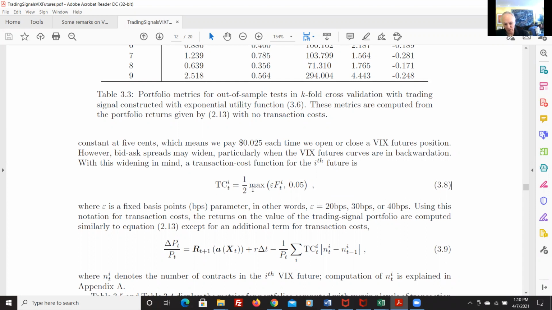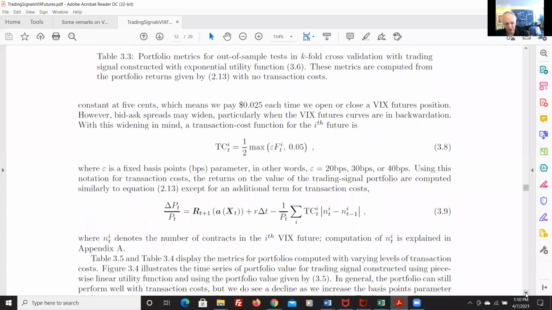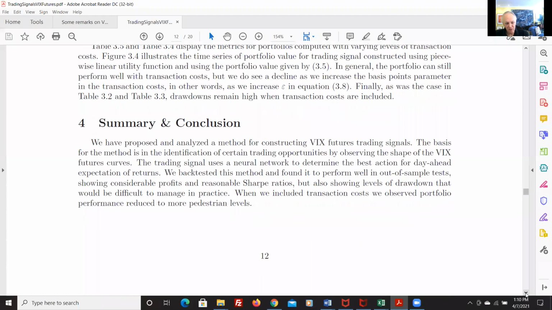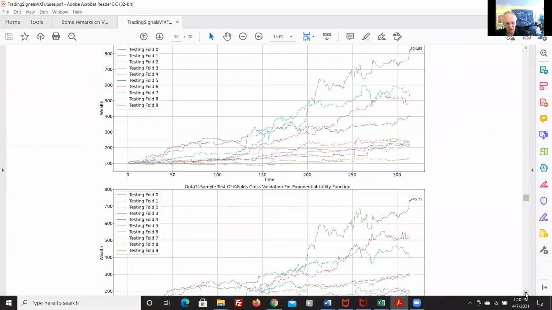We're charging ourselves at least a certain amount of basis points or 5 cents. And we have some tables around that. Are they here?